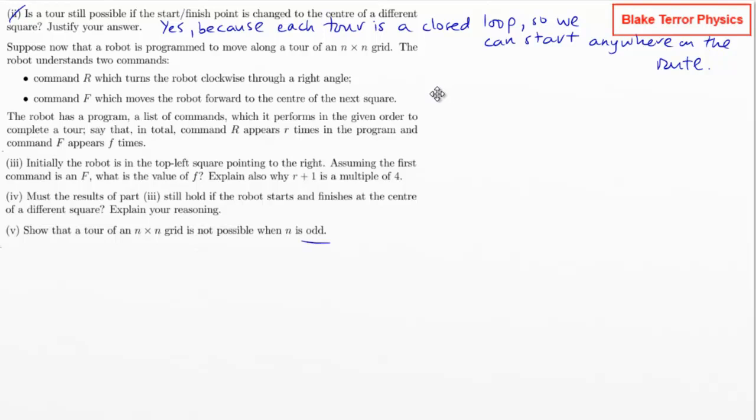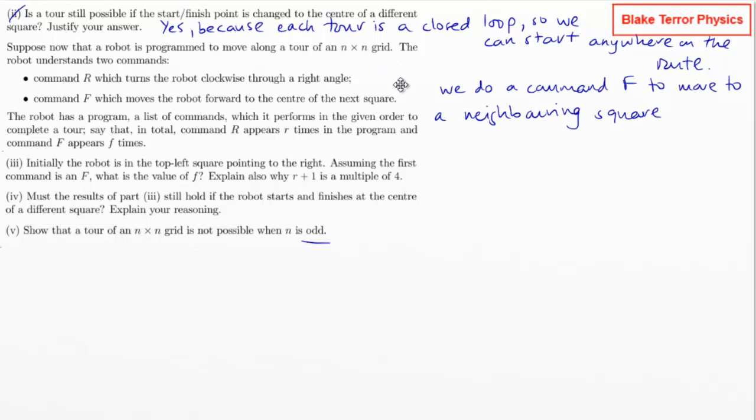We do a command, or execute, a command F to move to a neighboring square. So that's certainly what's happening, because at the moment I'm not too sure where I'm going with this, so I'm writing down facts. We visit each square.